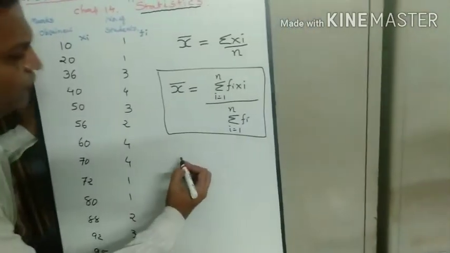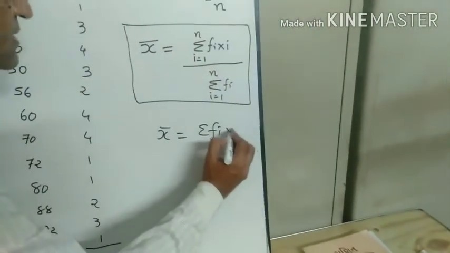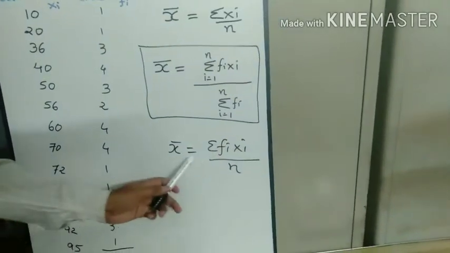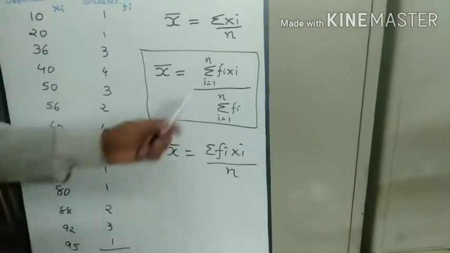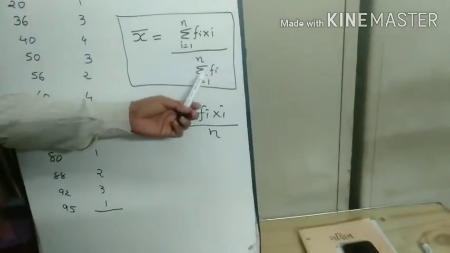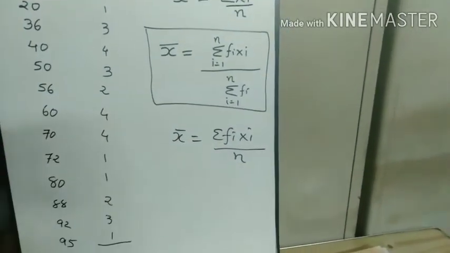In short form, some teachers are writing like this: x bar is equal to sigma fi xi upon n. They are not writing from 1 to n, and instead of writing sigma fi, we can write it as n.